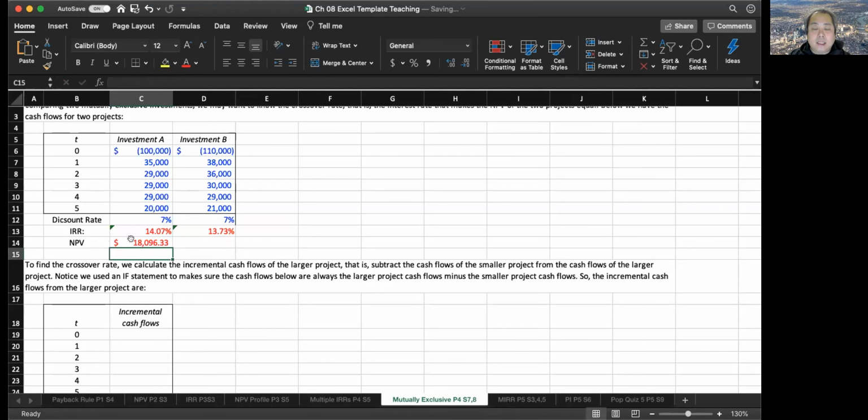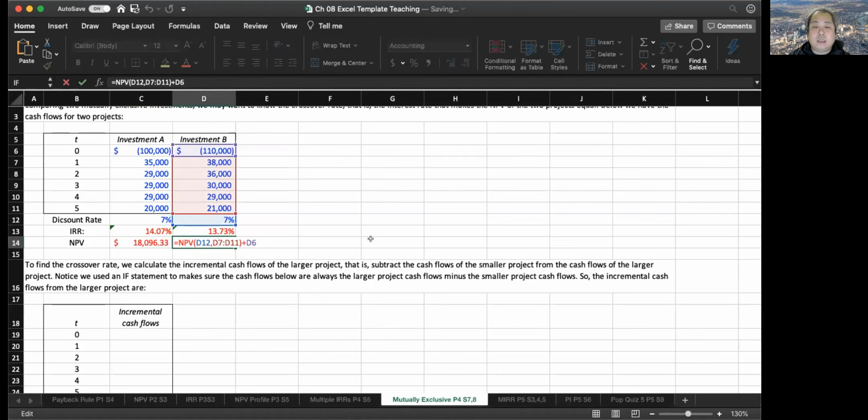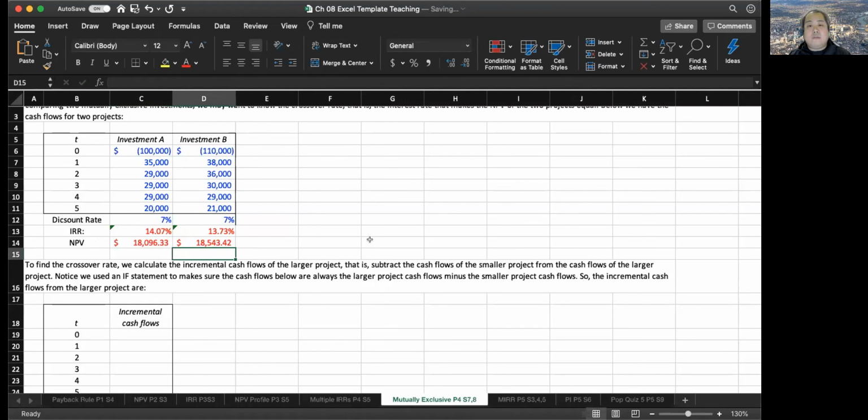NPV of A is $18,096.33. NPV of B is $18,543.42. B is better. As I said, we should pick B because its NPV is higher.